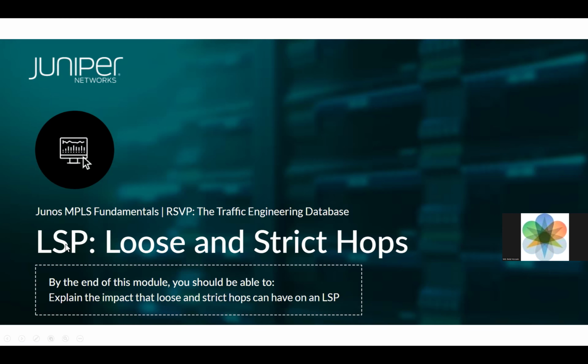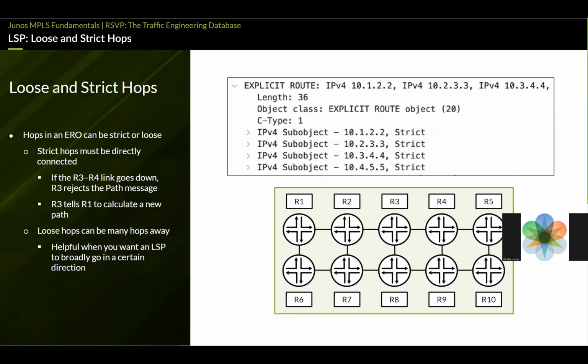Number one, LSP, label switched path, loose and strict hops. What is the meaning of loose and what is the meaning of strict? Hops in an ERO can be strict or loose. So this is my next hop, this is my next hop, and this next hop.